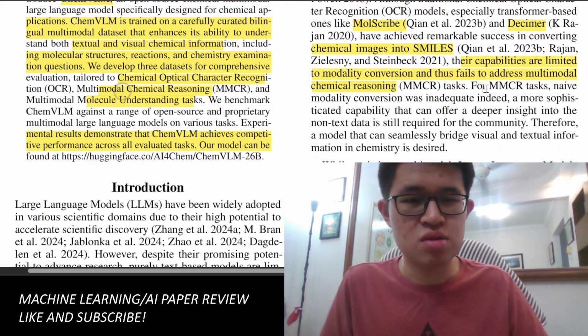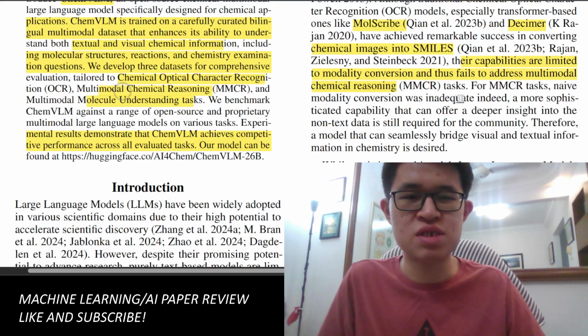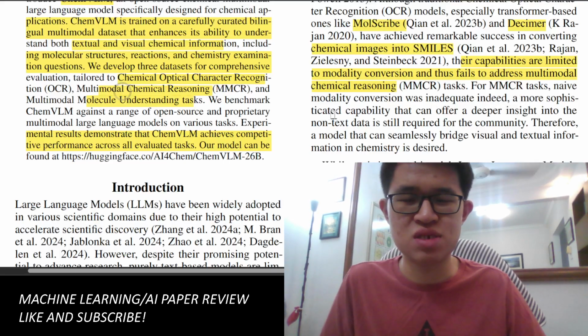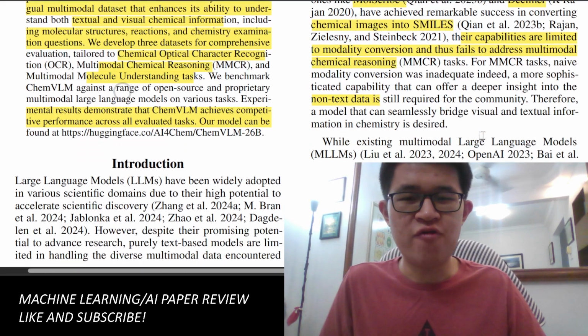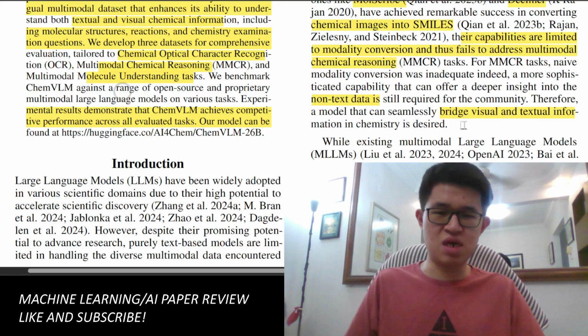For reasoning tasks, naive modality conversion is inadequate. It's not enough, and a more sophisticated capability can offer deeper insight into non-text data. Therefore, a model that can bridge visual and text information for chemistry is desired.